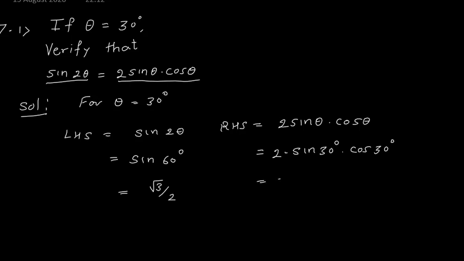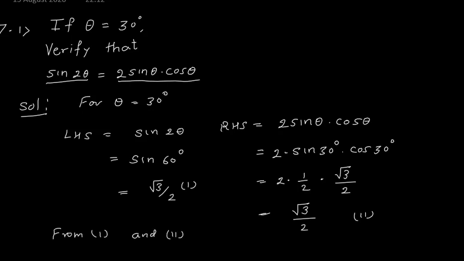This is 2 into sin 30 is 1 upon 2 into cos 30 is root 3 upon 2. So this 2 and 2 will cancel, and finally I have root 3 divided by 2. So this you can say 1, this you can say 2. Now from 1 and 2, LHS is equals to RHS.